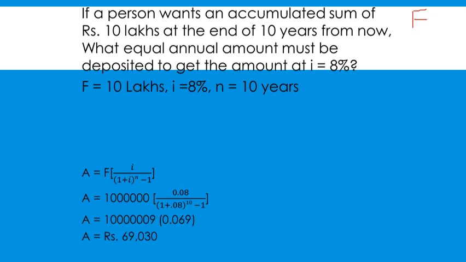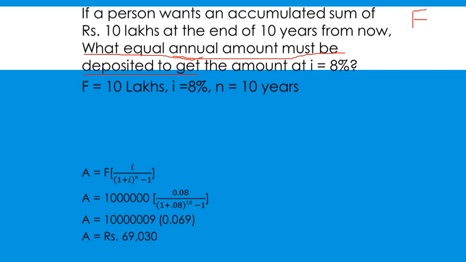So F is known to me. What equal annual amount must be deposited? What is it that you are depositing? Are you depositing it only once or are you depositing it every year? See here, equal annual amount that must be deposited means you are depositing this amount every year.